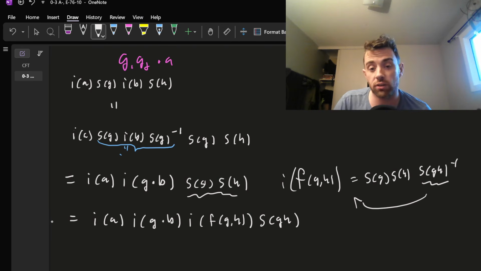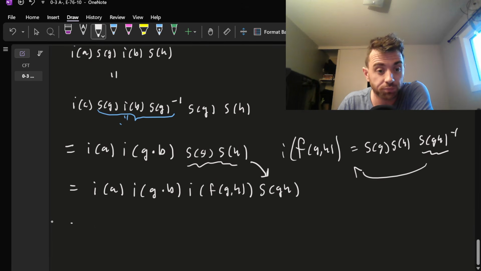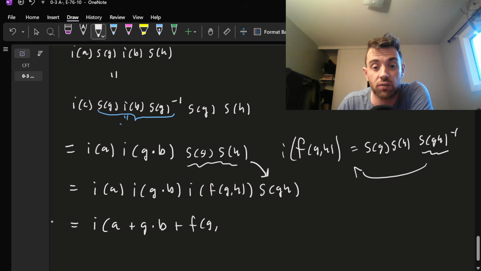So by introducing this f, even though this is not a set theoretic section, we can recombine these terms. And now this is exactly because i is a homomorphism. Now we've recovered something that looks exactly like what we wanted, and essentially what we had in the case of a semi-direct product. So we have i of something times s of something, right?